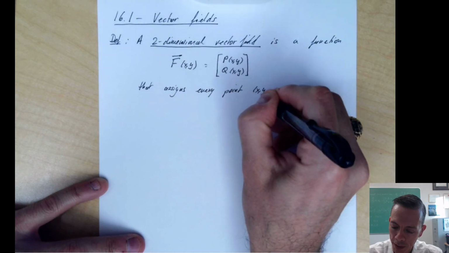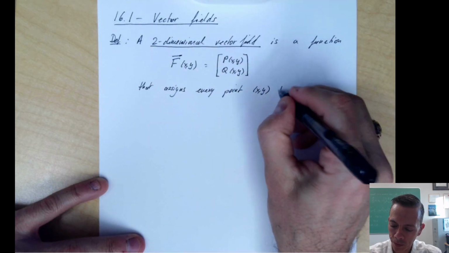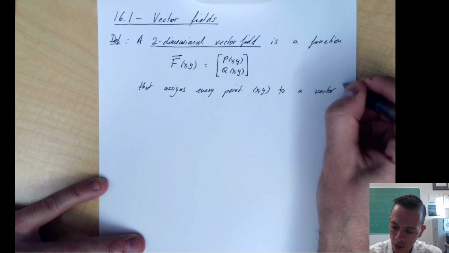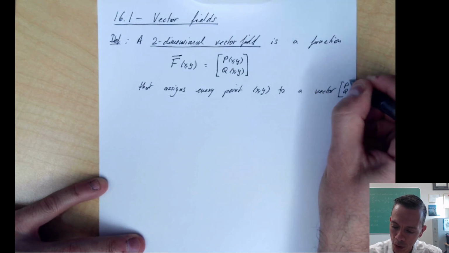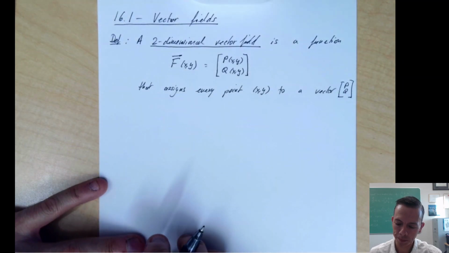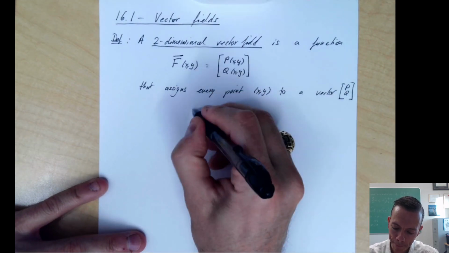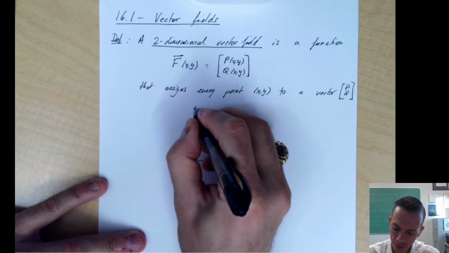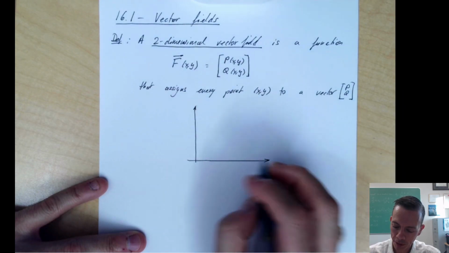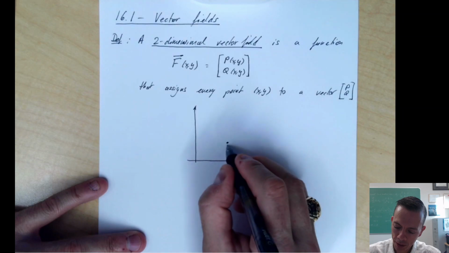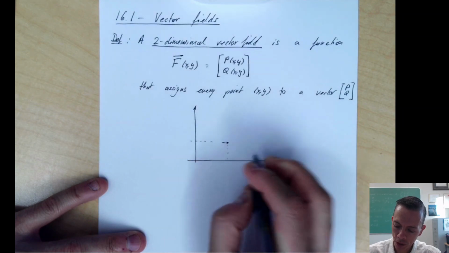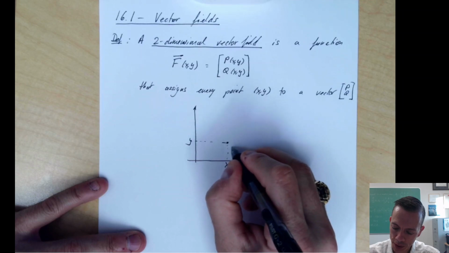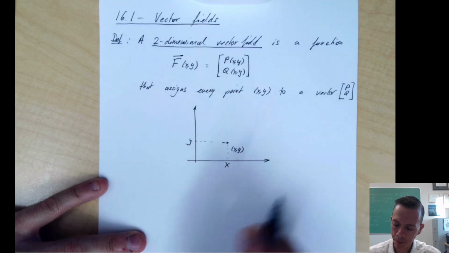So it assigns every point xy to a vector pq. So if you have a point whose coordinates are x and y, this gives you the point x, y.